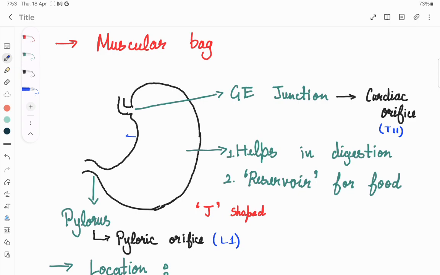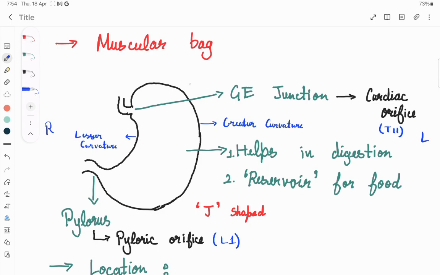This is the lesser curvature and here is the greater curvature. This is the right side of the body and this is the left side of the body. Greater curvature lies on the left side, lesser curvature lies on the right side.